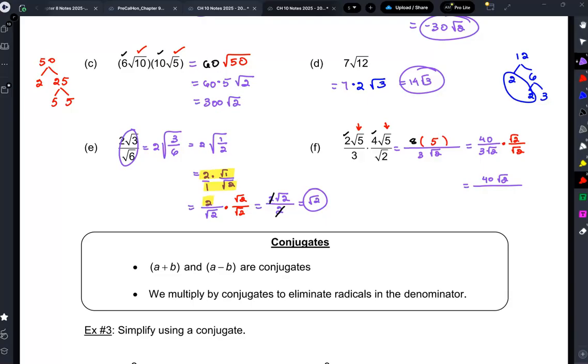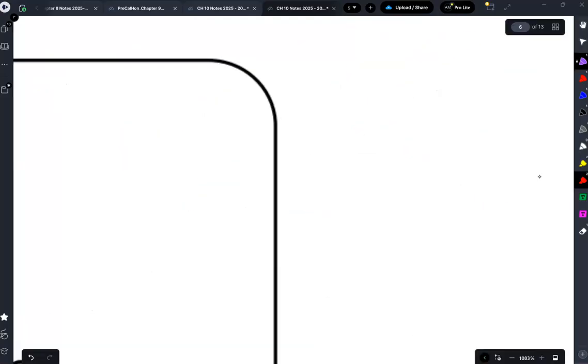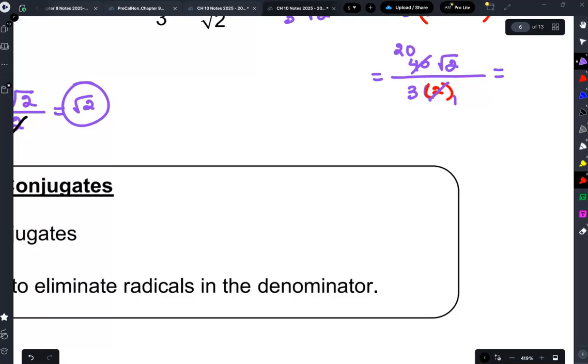So it's just 40 times root 2, over 3 times, this will be a 2. So now, look at this one. This and this divide, I get 20, I get 1. So 20 root 2 over 3.